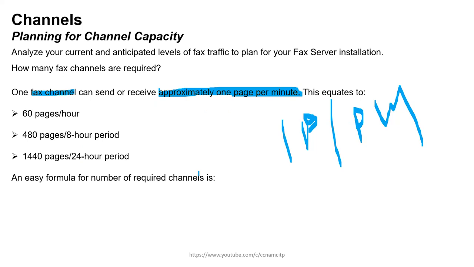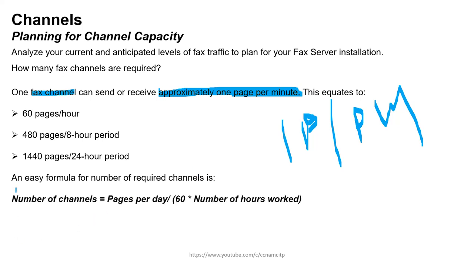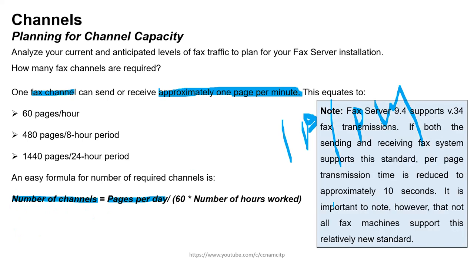You can calculate the number of required channels here. So here you have to use this formula. Number of channels is equal to pages per day divided by 60 into 60 into number of hours worked.